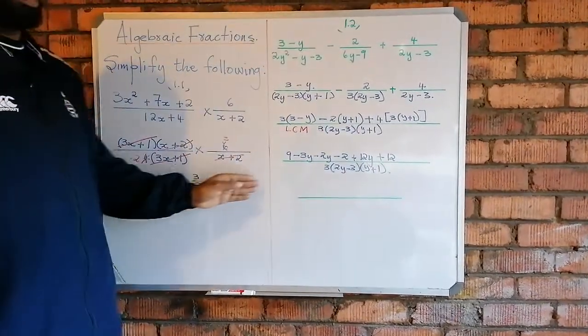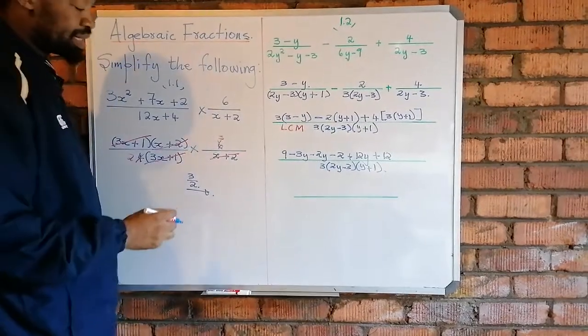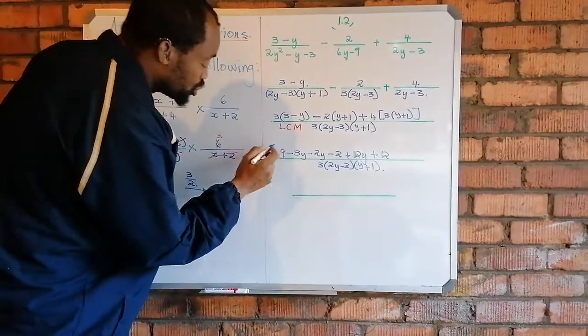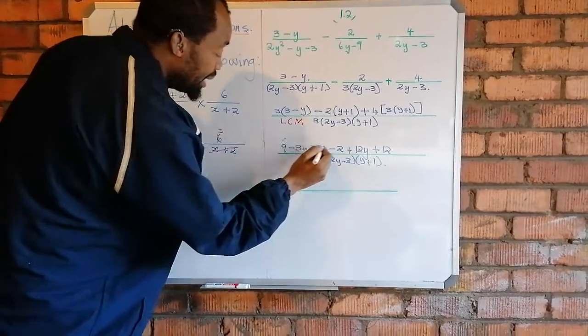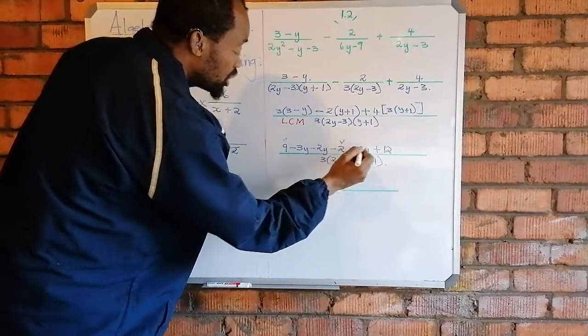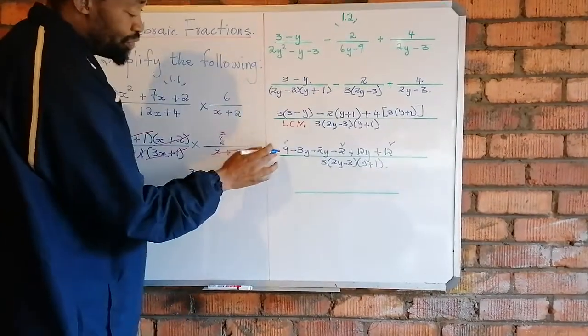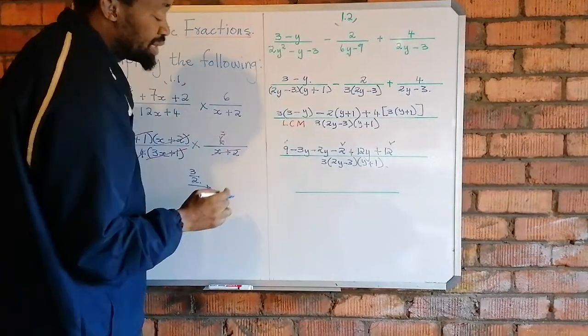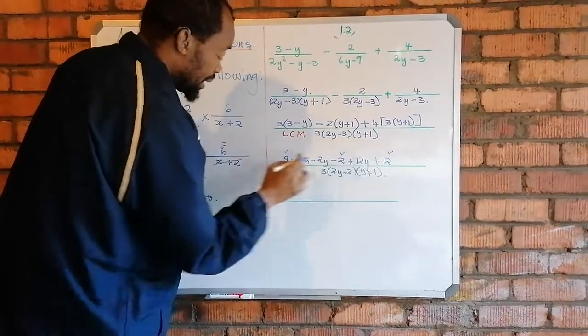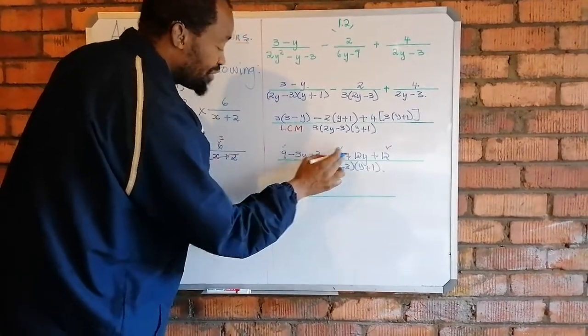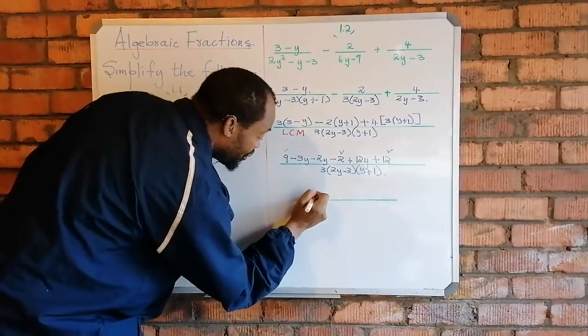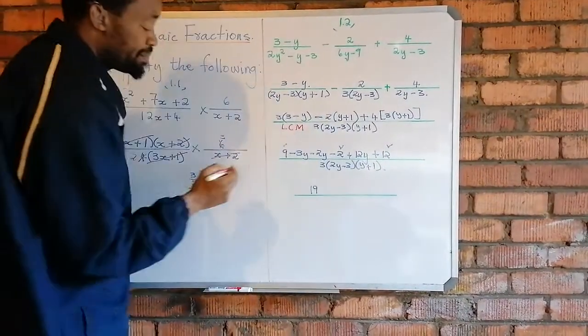And now, I must add all the like terms there. My like terms would be 9 minus 2 and a 12. 9 minus 2 is a 7. 7 plus 12 is 19.